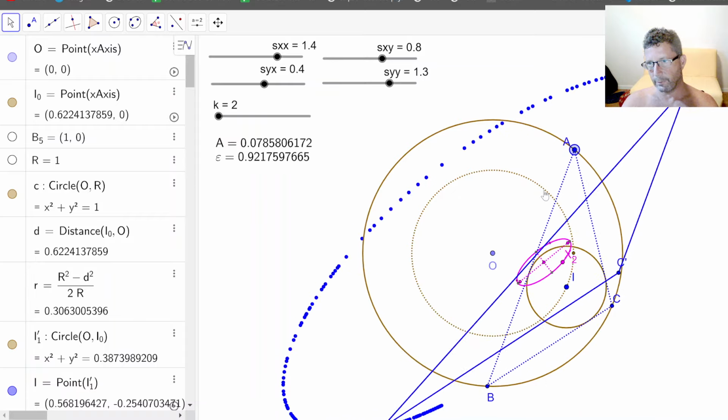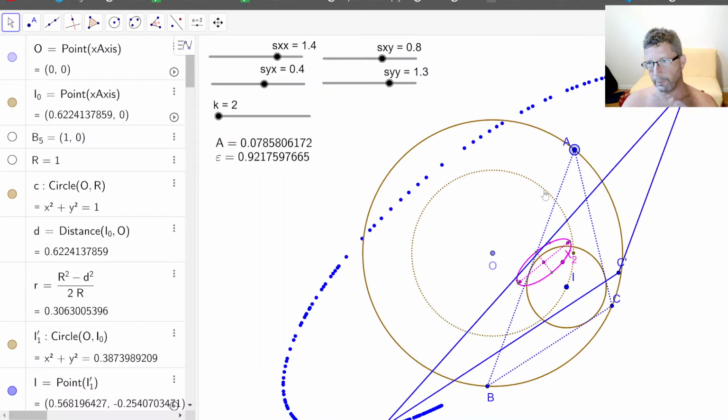And likewise, the sides of this projected triangle are going to envelop the projective image of that circular caustic.